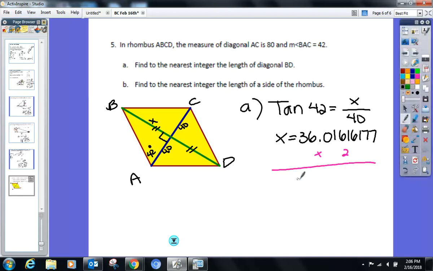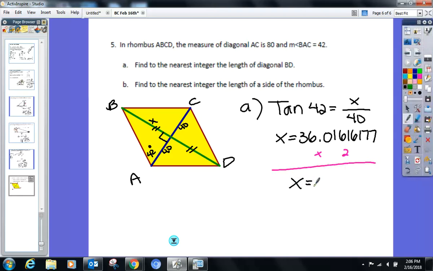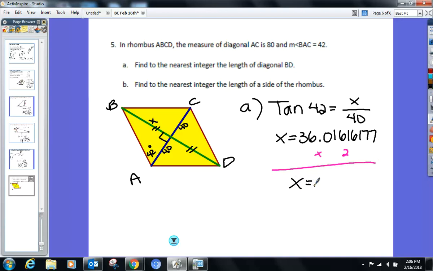Then when you multiply it by 2, sure, go ahead and round it. And nearest integer is nearest whole number. An integer is a positive or negative whole number, but we don't have to worry about the negatives here. And that should end up being 72 when you get to it.